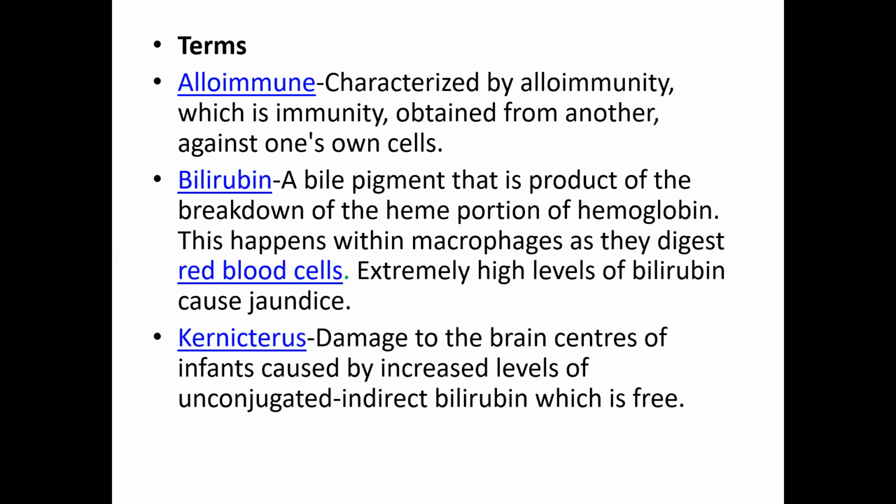Okay, kernicterus: damage to the brain centers of the infant caused by increased levels of unconjugated, indirect bilirubin. One more thing: there are two types of bilirubin, the direct or conjugated bilirubin and the indirect or unconjugated bilirubin. The unconjugated bilirubin is lipid soluble, and the direct, conjugated bilirubin is water soluble.